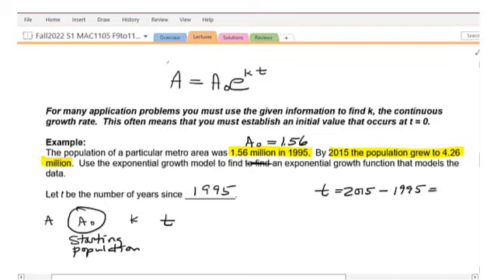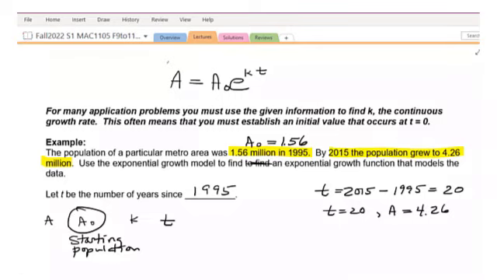So you tell me, how many years have passed? 20. So they're telling us that when t is equal to 20, the population A is equal to what? 4.26. Good.